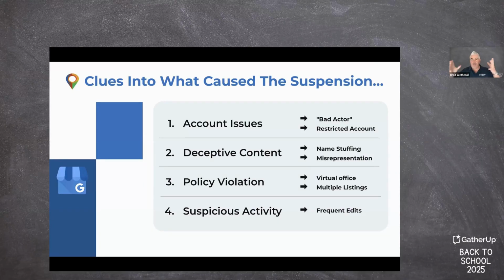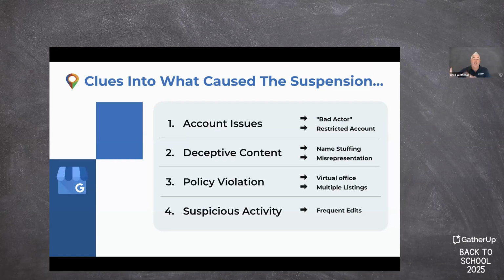Now I'm being dramatic, and I'm kind of using that as an example to illustrate the absurdity, but that happens, where people have very disconnected business categories in their profile. A policy violation. If the email says you've been suspended because of a policy violation, that's a clue. Are you operating out of a virtual office space?